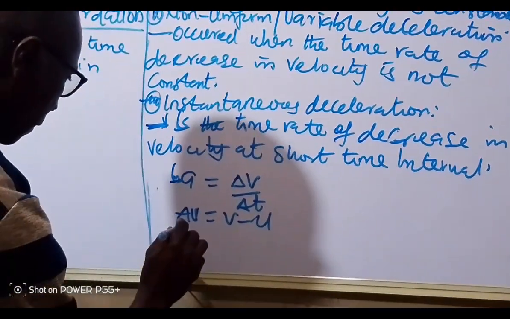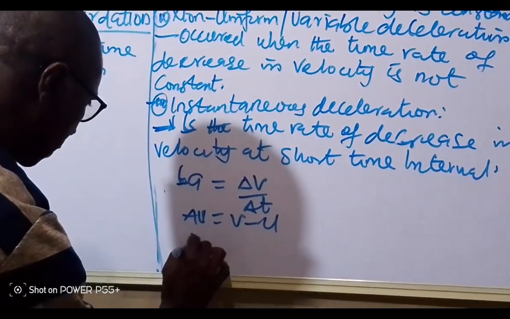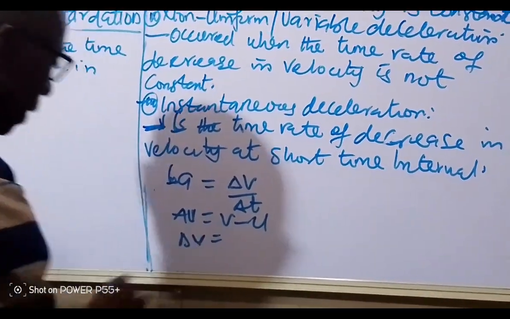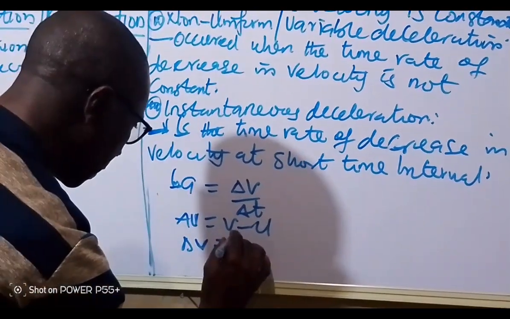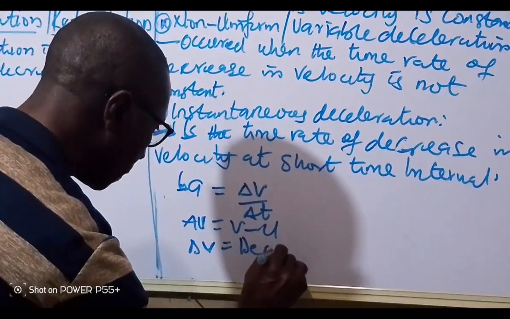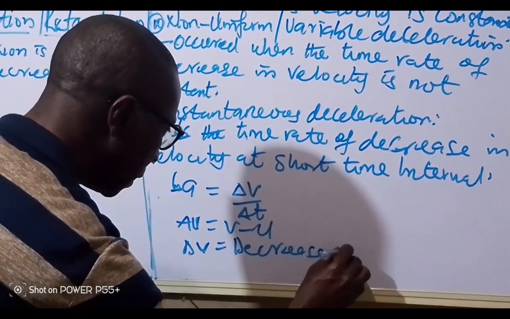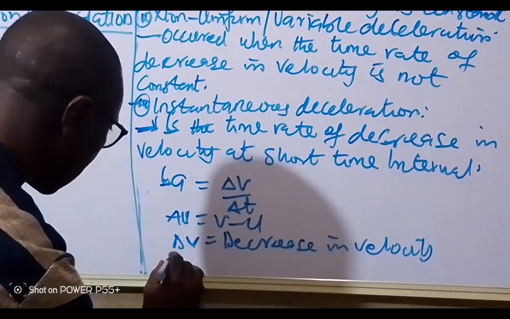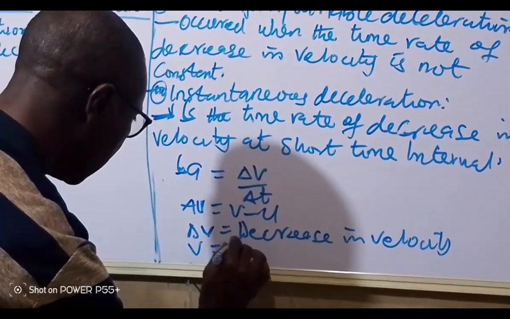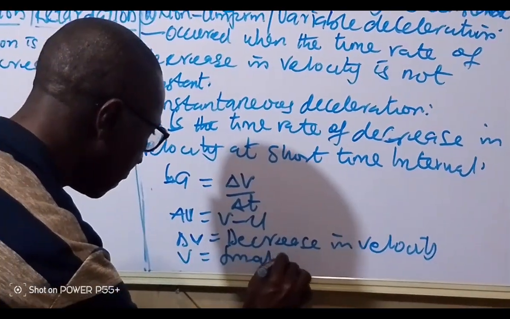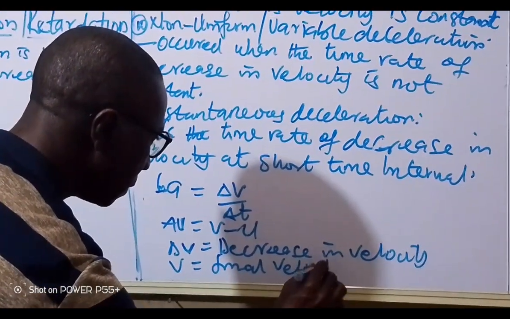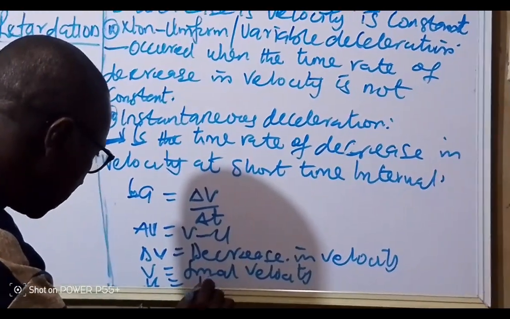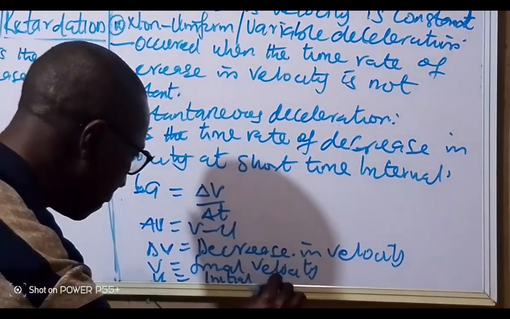Now, from this one, instead of increase, it will be decrease in velocity, while v is final velocity and u is initial velocity.